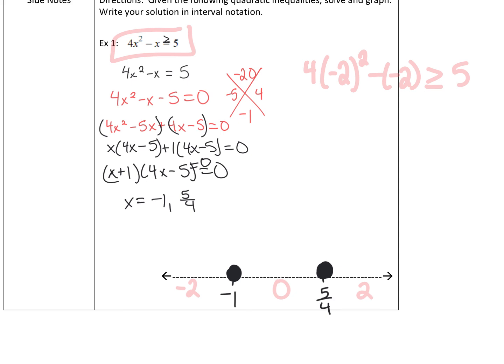I can plug it in my calculator, that's the easiest way. But this becomes 16 plus 2, which is 18. Is 18 greater than or equal to 5? Yeah, so this region is shaded. Now I want you to do the same thing, but plug in 0 and plug in positive 2 and see if those two regions should be shaded or not.